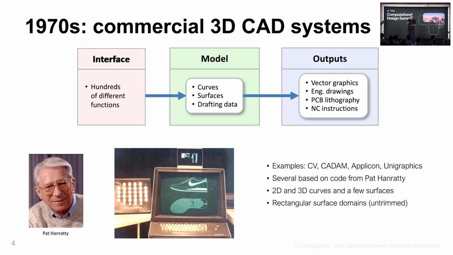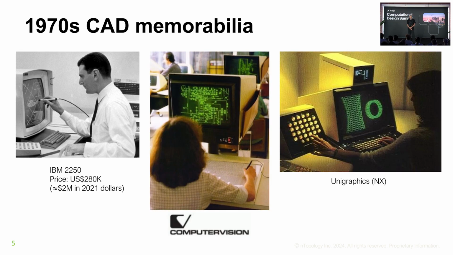And if you were clever enough, you could sort of glue these four-sided bits and pieces together, and you could actually make a solid model, or at least in your mind it was a solid model. Here's some examples. The interesting thing about them is you got to make green lines on a black background. They were all the same, unless you were willing to pay IBM 300K, in which case you could get white lines on a black background.